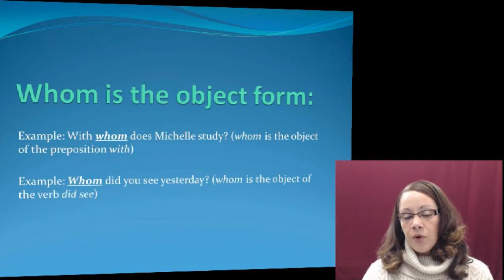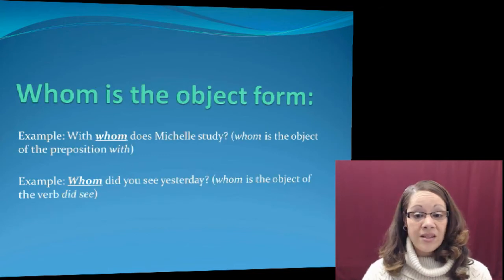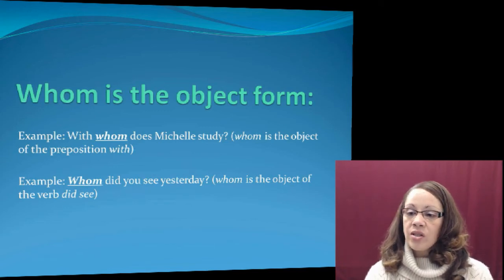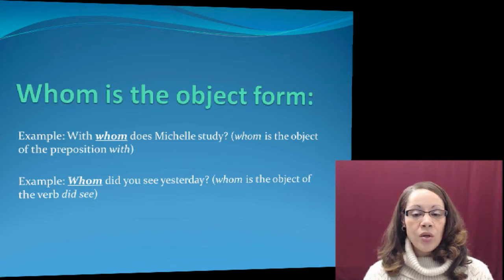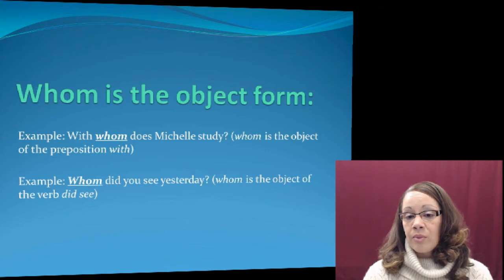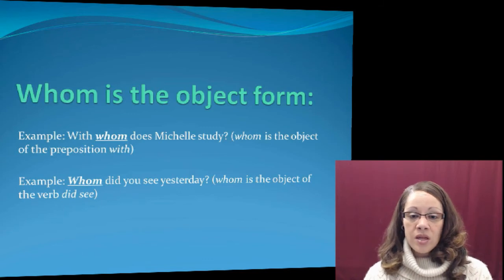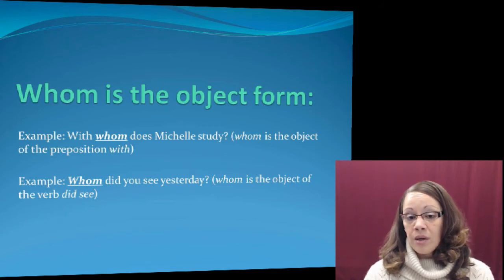Now let's focus on whom as the object form. We have an example here. With whom does Michelle study? And remember I told you, in a different module, we focused on prepositional phrases. Prepositional phrases start with a preposition and end with a noun, and sometimes it's going to be a pronoun.